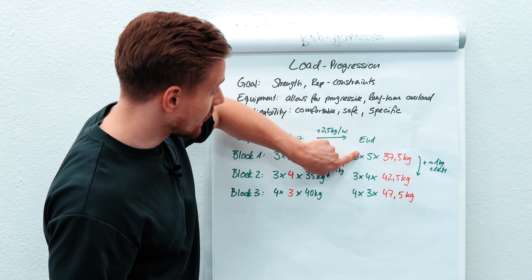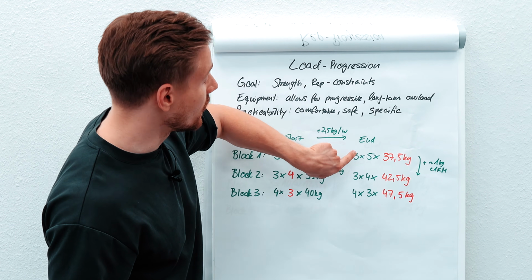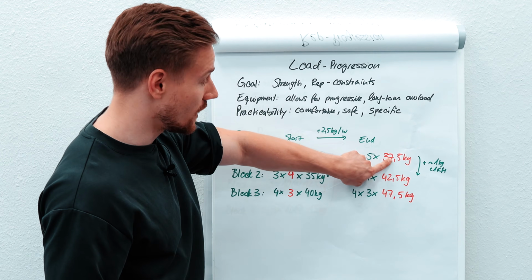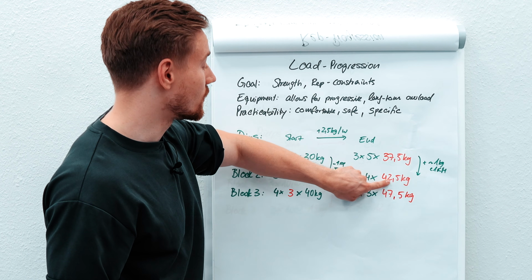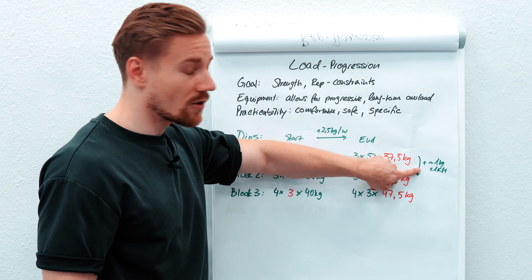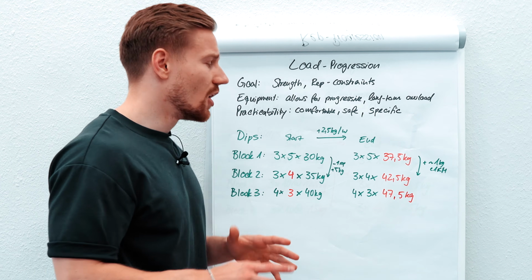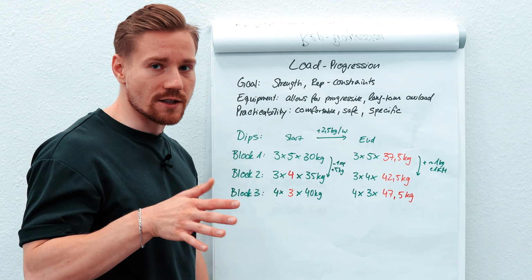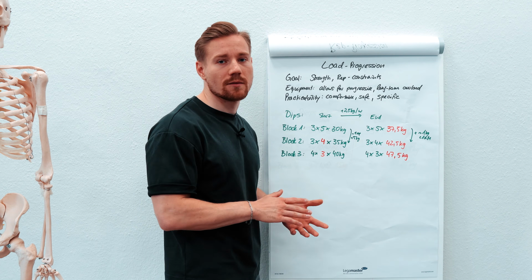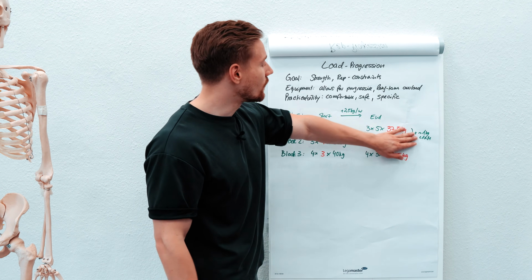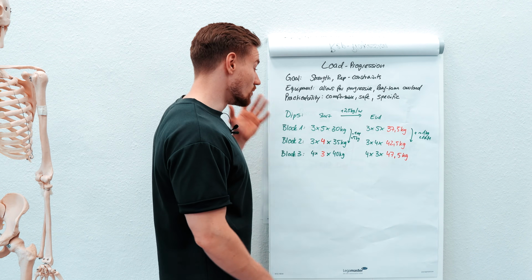And that equals here, if we ended the first block with 3 times 5 times 37.5 kg to 3 times 4 times 47.5 kg, an increment in your estimated 1 rep max of roughly 1 kg. Sometimes, depending on the body weight and so on, it might be a bit more, it might be a bit less, but roughly 1 kg, so you got stronger.